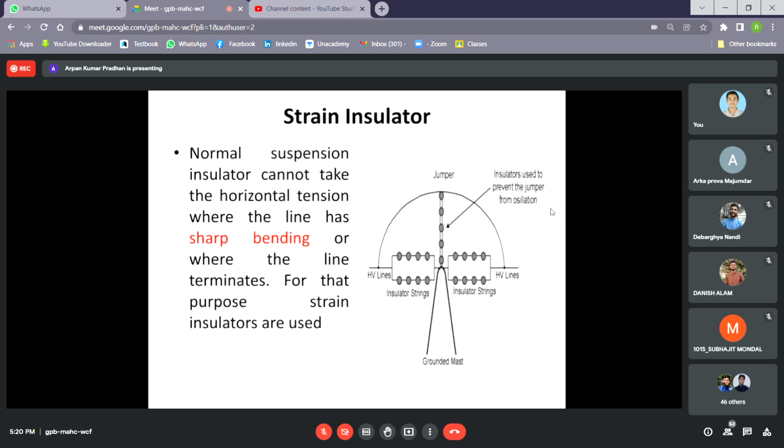But there should not be an electrical disconnection. That means there should be electrical continuity between the line coming from the east side and going out to the south side. And in order to connect that, we generally use a jumper. That means there is a wire which connects the two lines, and this is the jumper actually. Is it clear now? Yes sir. Okay, it is nothing but the connecting wire between the two lines.